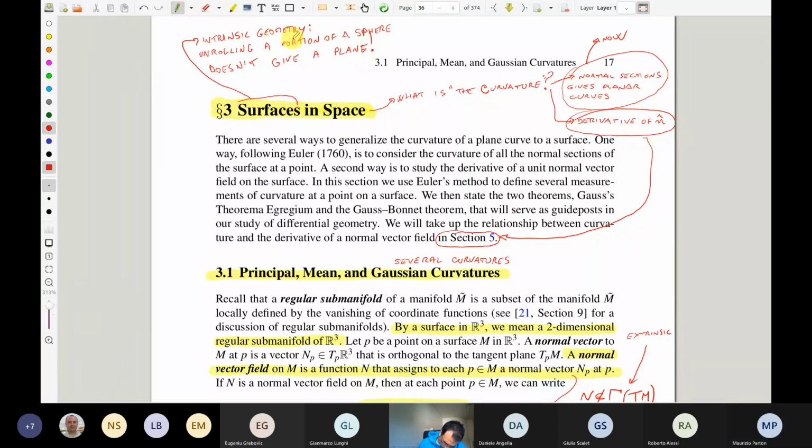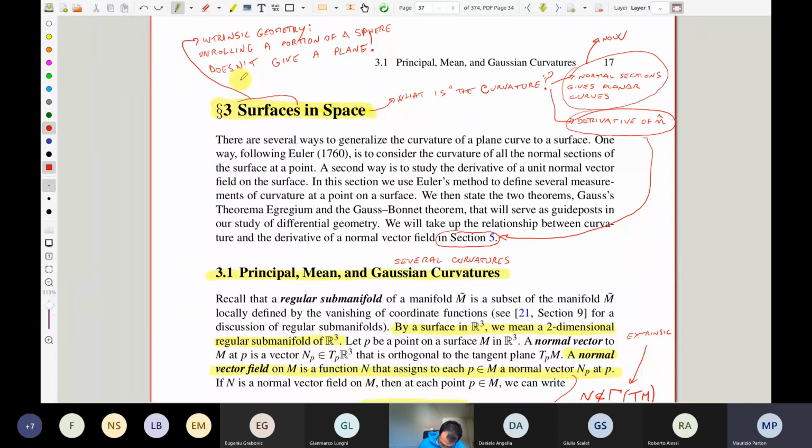Unlike the thread, unlike the mouse cable that I was using before, if you take a portion of a sphere and you try unrolling it, that means putting it in the air and checking if it flattens out into a flat piece of paper, this doesn't happen.